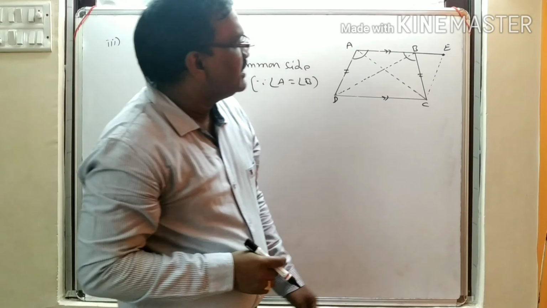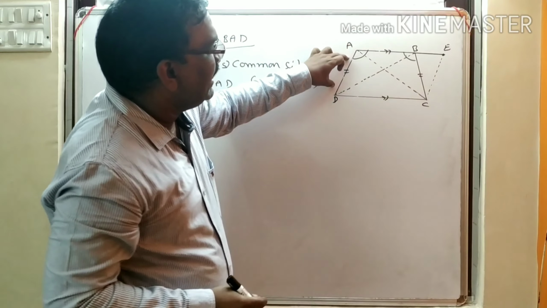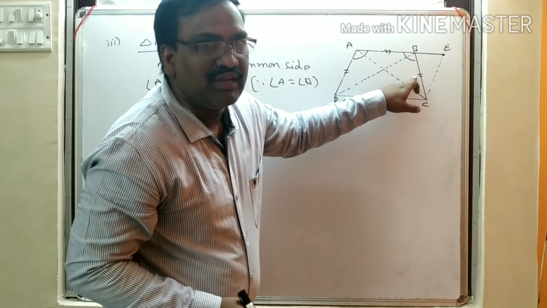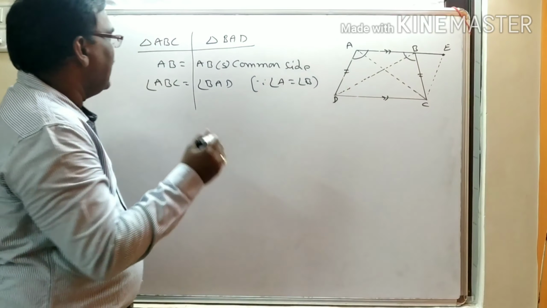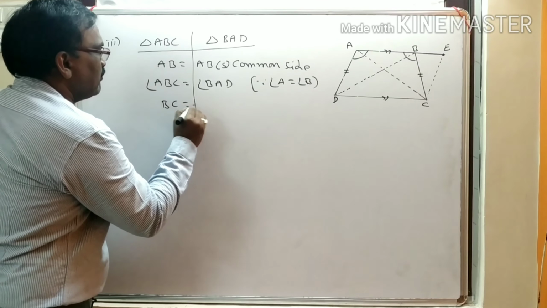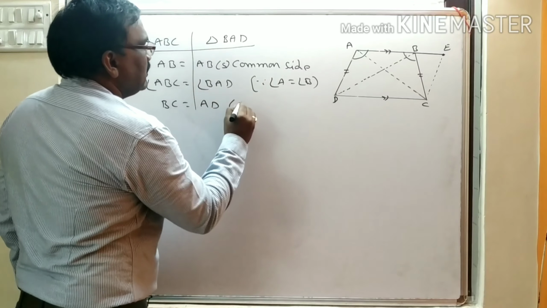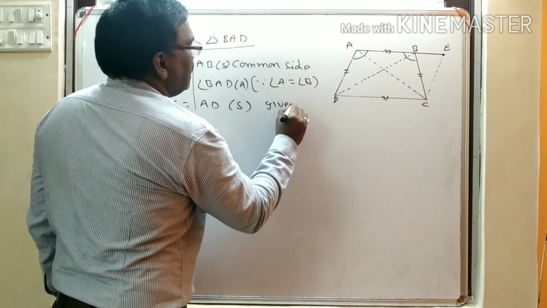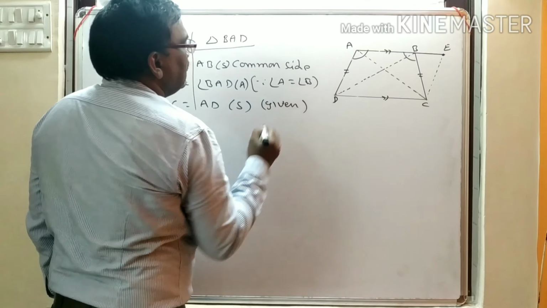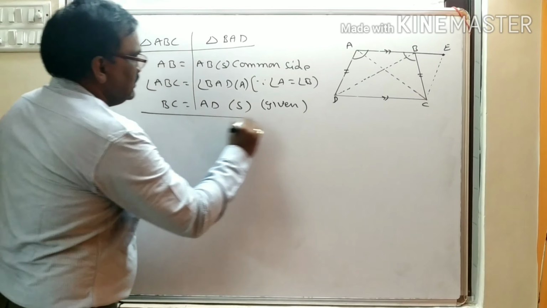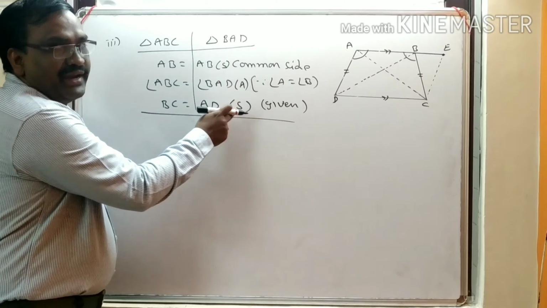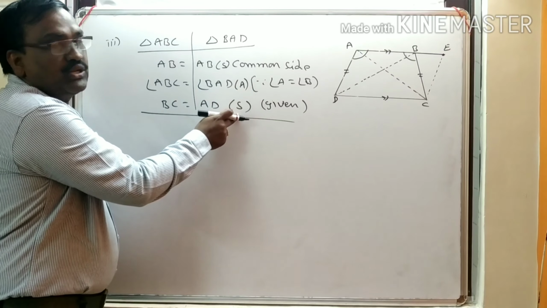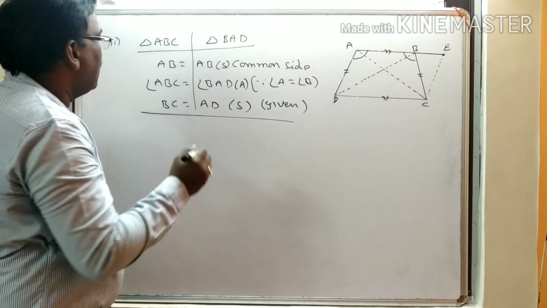Next, third condition. BC is equal to AD. So non-parallel sides are equal. Given BC is equal to AD. This is side, this is angle, given. So side, angle, side. By SAS congruency rule, these two triangles are congruent.